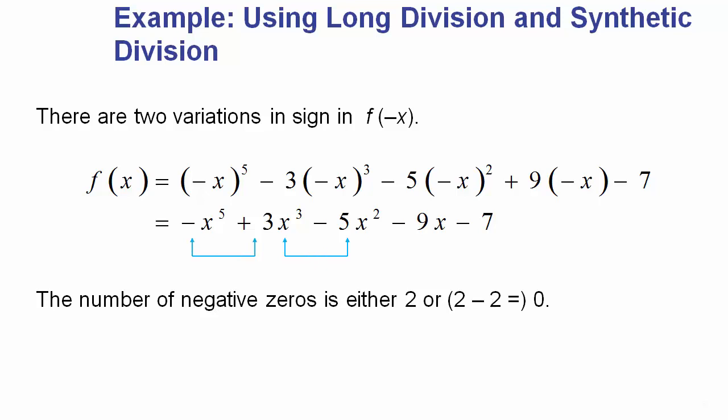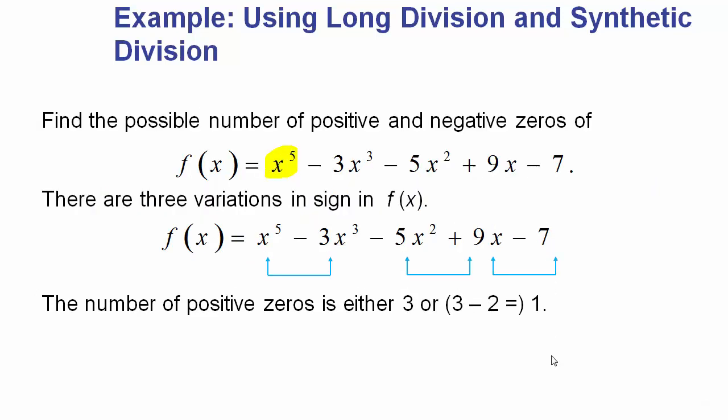So we know this original function has either 3 or 1 positive zeros, and 2 or 0 negative zeros, and it has a maximum of 5 because its power is 5. We talked about this in a previous lesson, that the maximum number of real zeros is always the degree of the polynomial. So at most we're going to have 5, but we could have less.